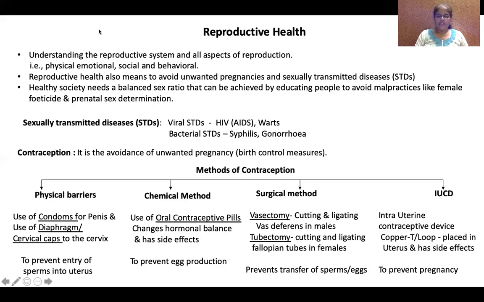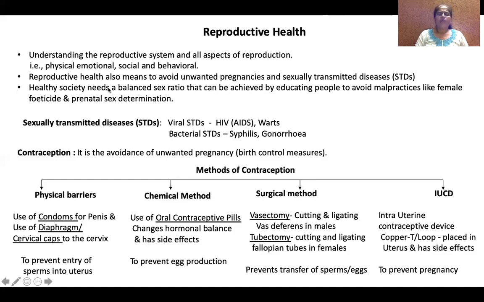So if we don't want pregnancies, we can avoid unwanted pregnancies, and also overcome or limit sexually transmitted diseases. If we have unsafe sex, we can get sexually transmitted diseases. So it is important to know how to avoid sexually transmitted diseases and unwanted pregnancies.